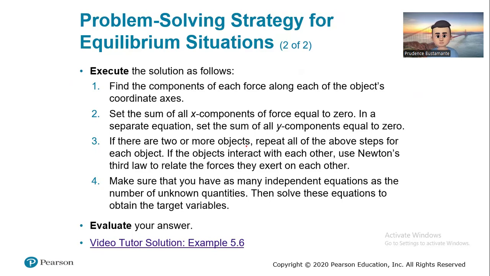If the objects interact with each other, use Newton's third law to relate the forces they exert on each other. Make sure that you have as many independent equations as the number of unknown quantities. Then solve these equations to obtain the variables.